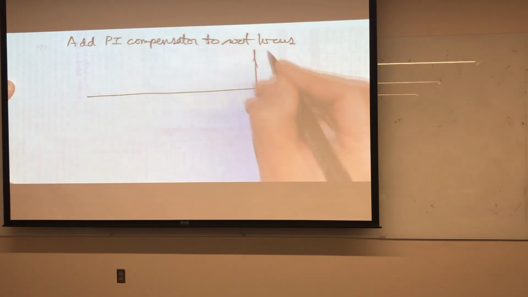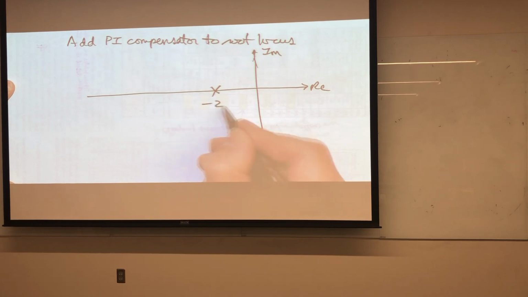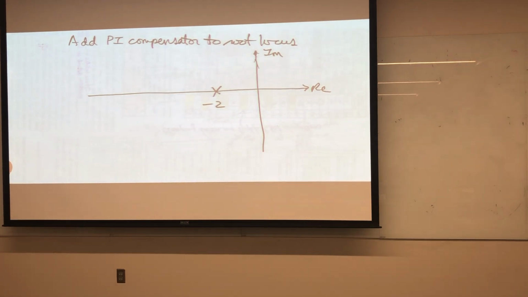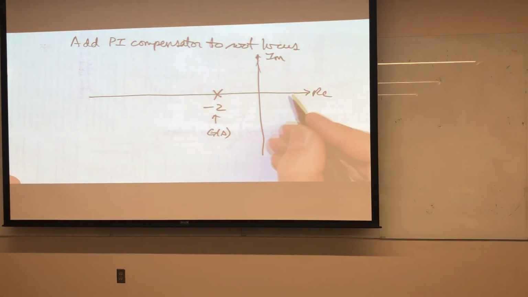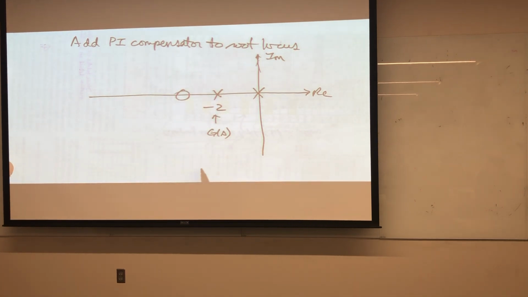This is the real and imaginary axis. Here's the plant, -2. This is G of S. And we're going to add a compensator. The compensator is going to add this and this. Okay, so these two parts come from C of S.